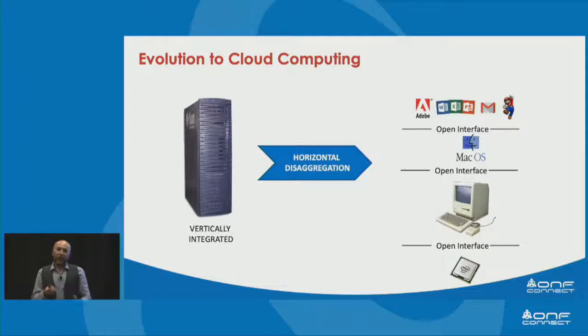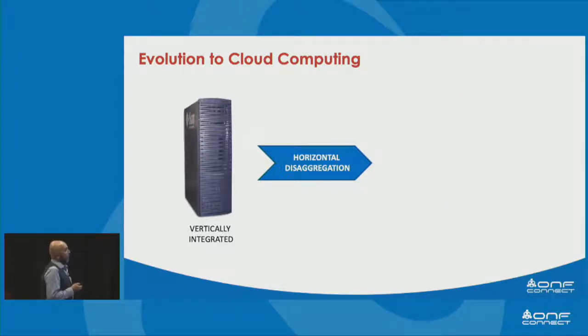So this actually created a huge industry, from a vertically integrated device to a horizontally disaggregated industry. We started having all these huge companies in all parts of this disaggregated compute platform.